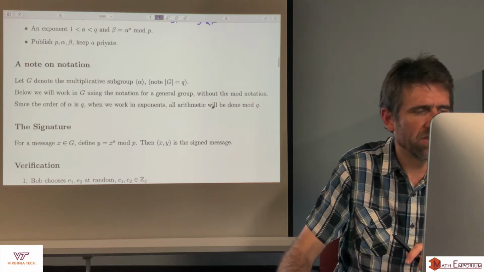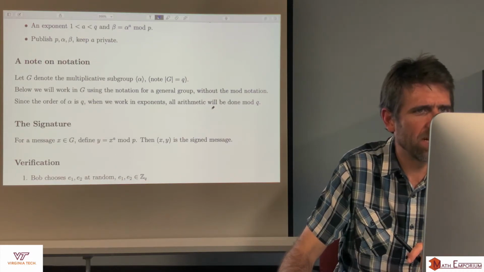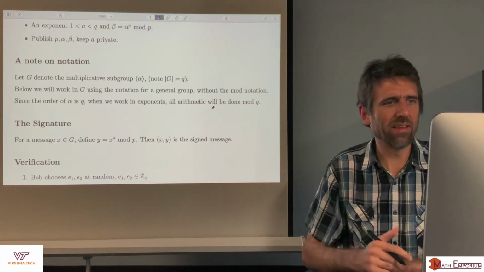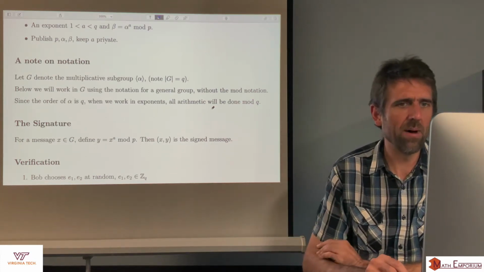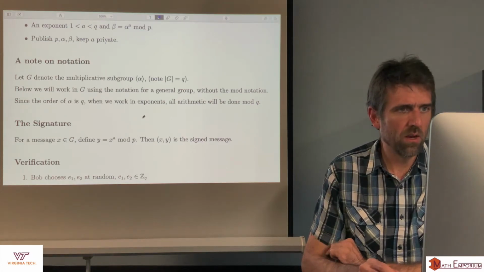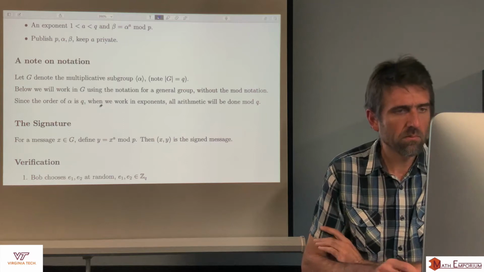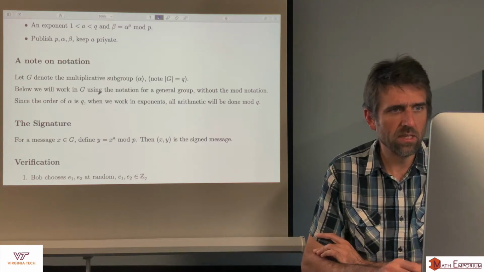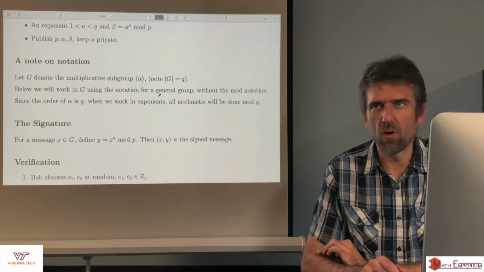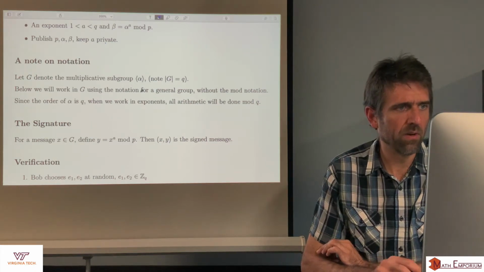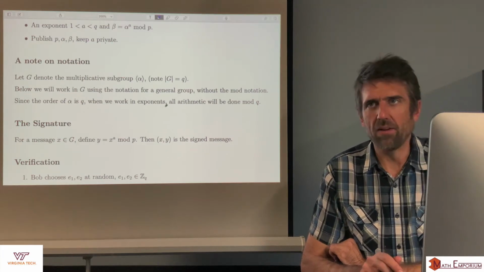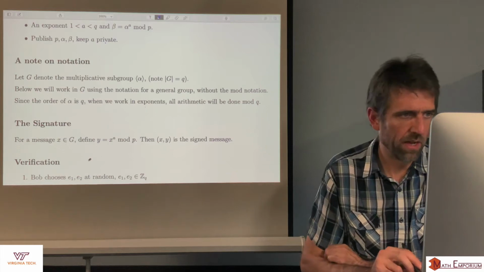Just a word on notation here. Remember that alpha with angle brackets around it means the subgroup generated by alpha. We're going to work in G, using the notation for a general group, so G is the subgroup generated by alpha, and we'll drop the mod notation again to simplify our notation throughout.